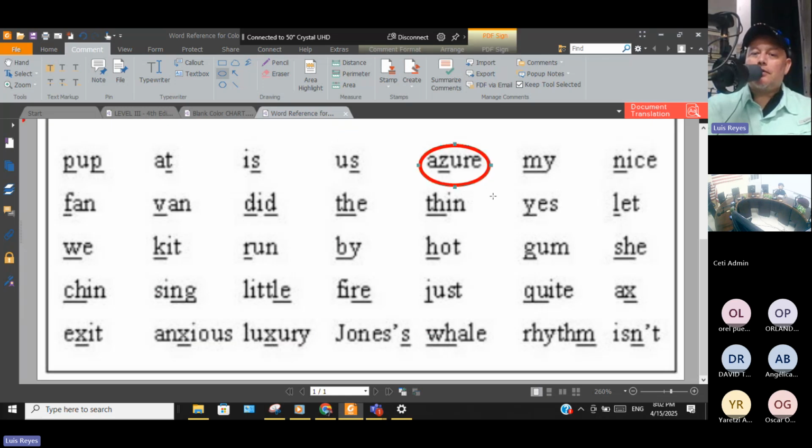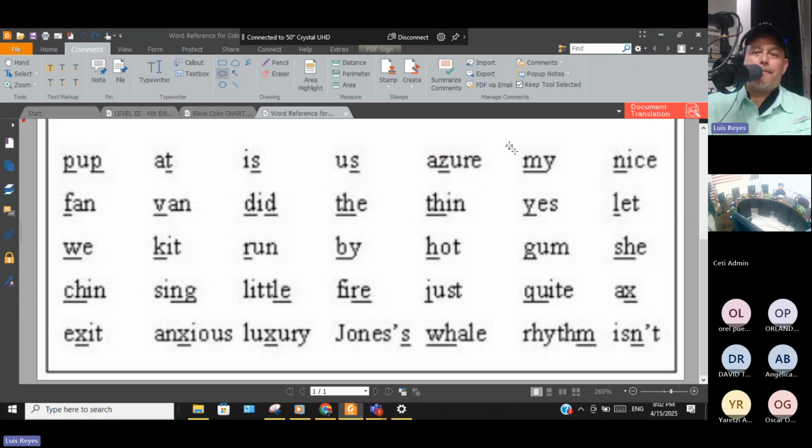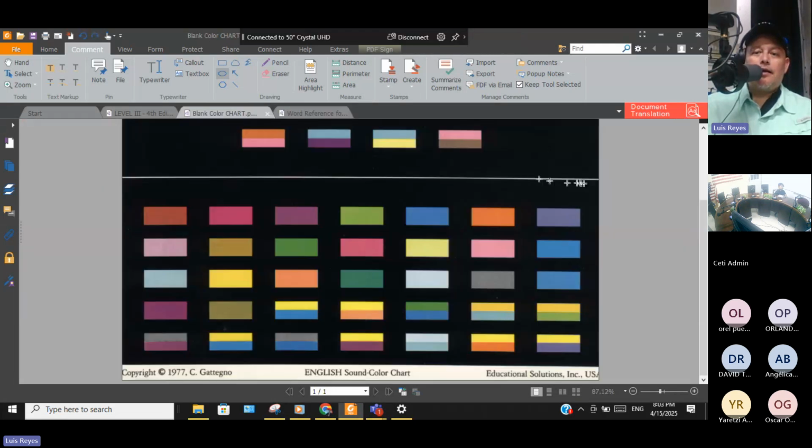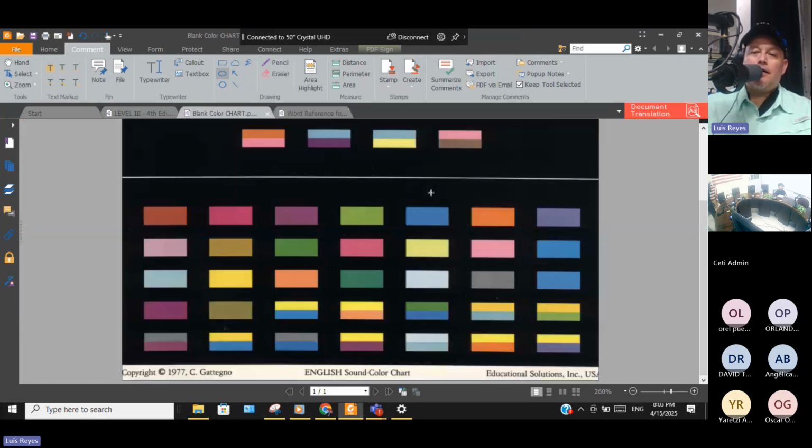Azure, J, A-Z-U-R-E, J on the color chart. My, M-Y, on the color chart. Nice, N-I-C-E, on the color chart.